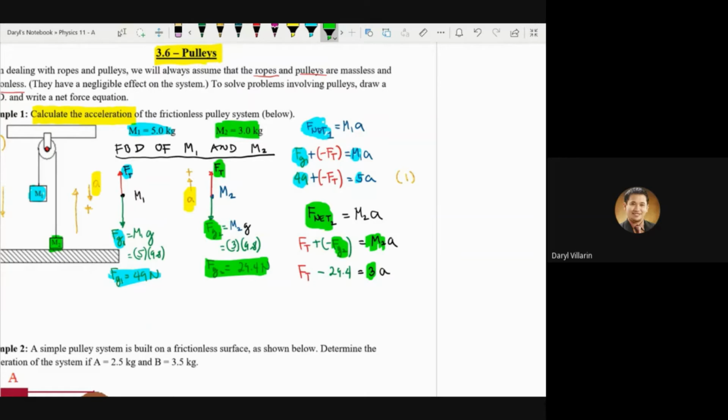So now, if you can see, in this equation, I created another equation, but with exactly the same variables. I am solving for FT and A, my variables here in my second equation. I'm going to call this my second equation.